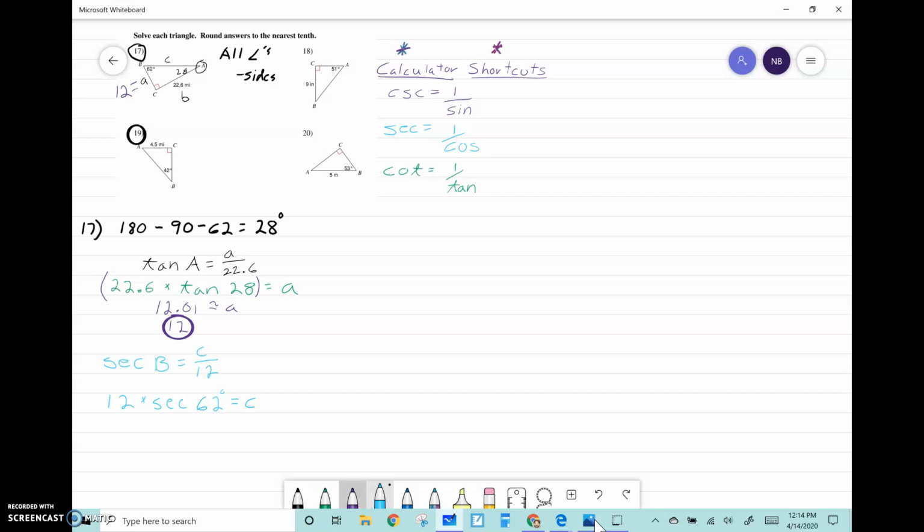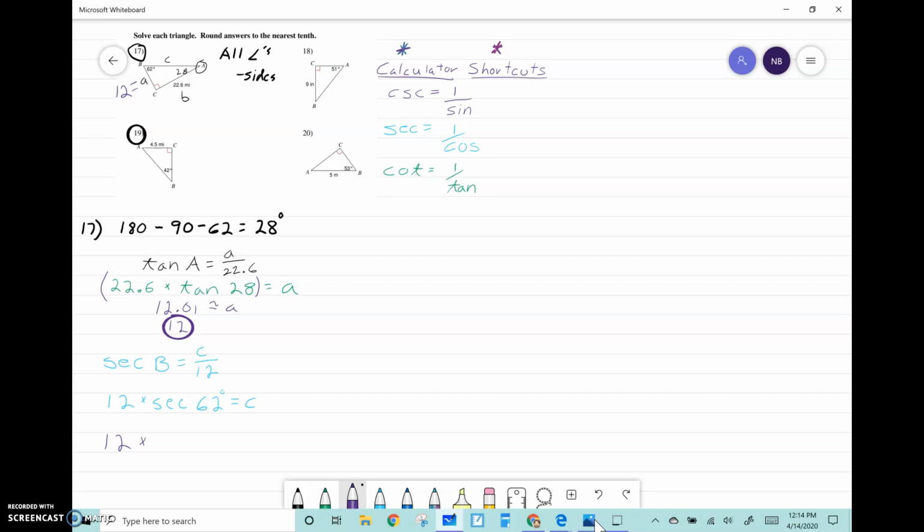So in my calculator, I'm actually going to type in 12 times secant, which is 1 over cosine. I know my calculator has the cosine button, so I'm going to use this shortcut right here. Here's where we use our shortcuts.